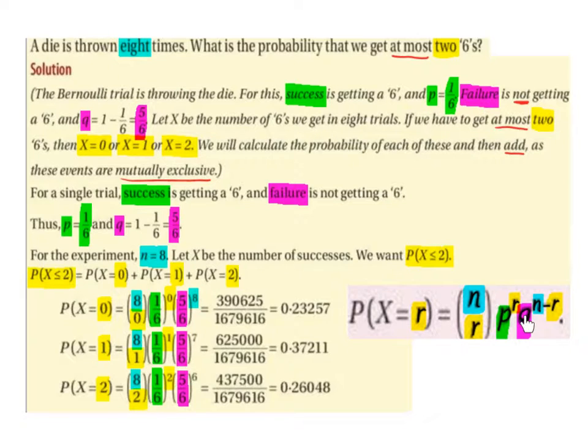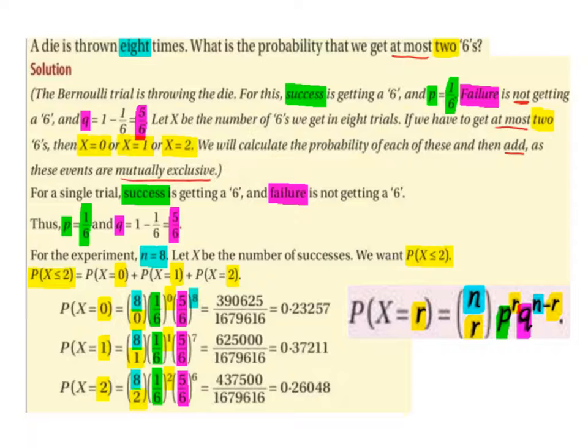We're going to swap the Q for 5 over 6. So the probability that X is equal to 0 is going to be 8 choose 0 times a 6th to the power of 0 times 5 over 6 to the power of 8, because 8 minus 0 is 8.